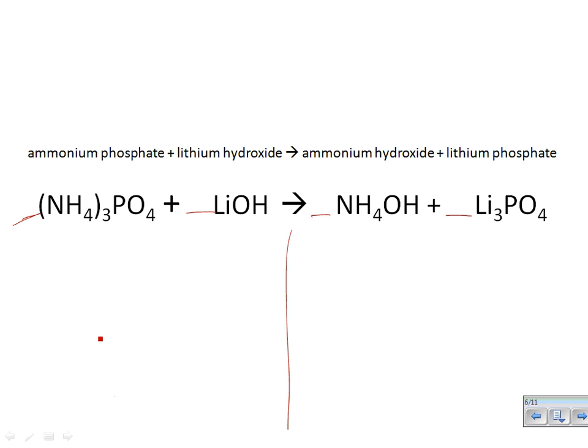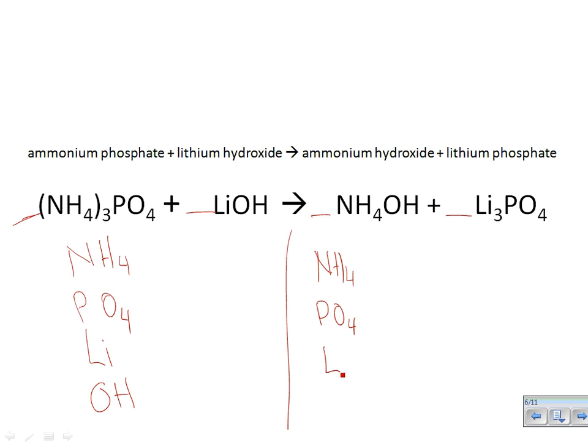Only this time, instead of writing out each individual element, because the polyatomics stay together on both sides of the equation, we are going to write out the polyatomic ions. So we have ammonium, we have phosphate, we have the lithium ion and the hydroxide. And we'll put them in the same order on this side.